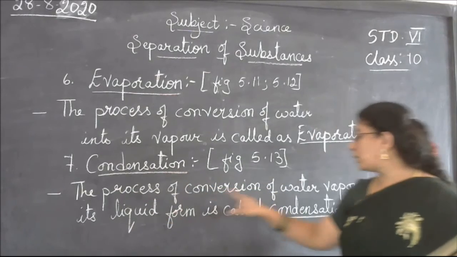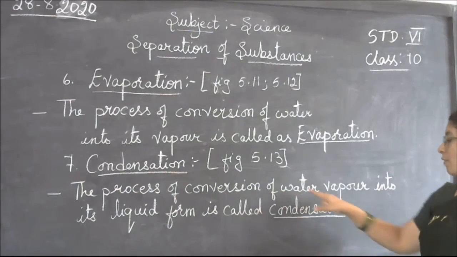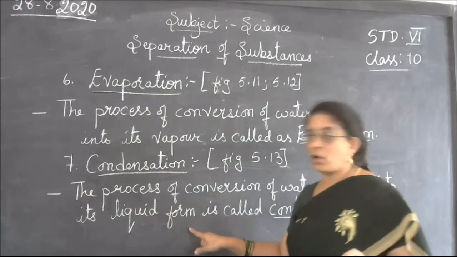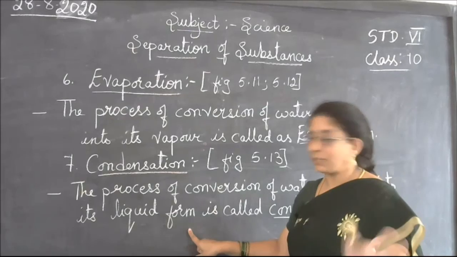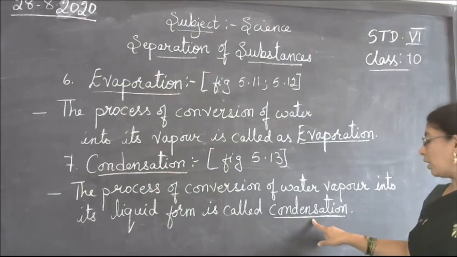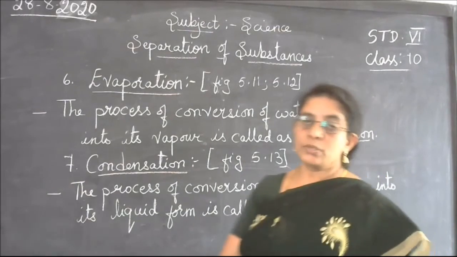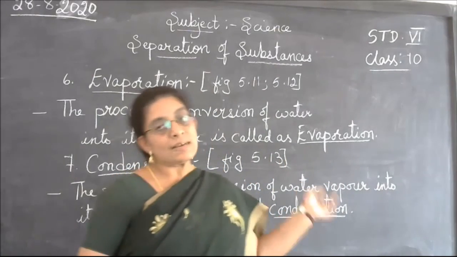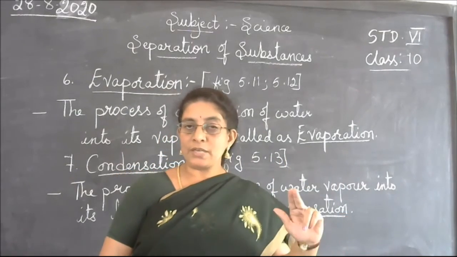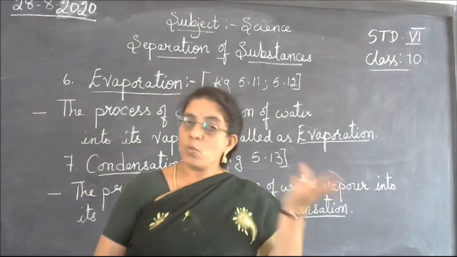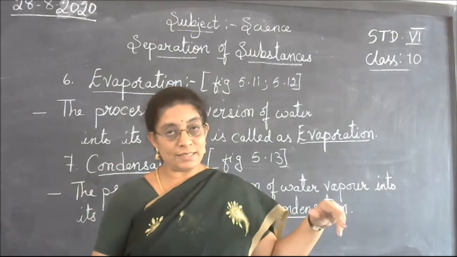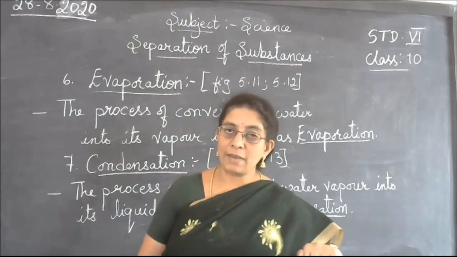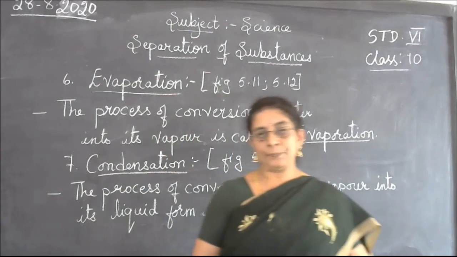So the process of conversion of water vapor into its liquid form, back to water, is called condensation. So I think you might have understood what is evaporation and what is condensation. Evaporation is the formation of water vapor and condensation is the cooled water vapor becoming water again.